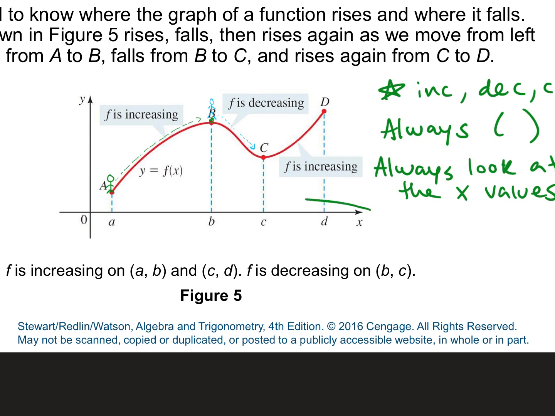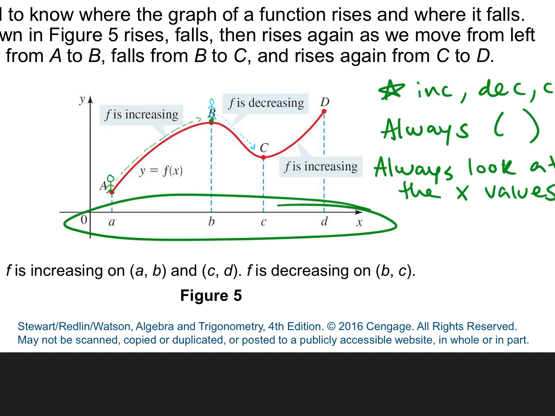So we only look at our x values here. So we'd be increasing from A to B, so we would say parentheses A to B. And then we'd be decreasing from B to C, so it would be B to C. And then we increase again from C to D, because we'd be going uphill, so increasing again from C to D.